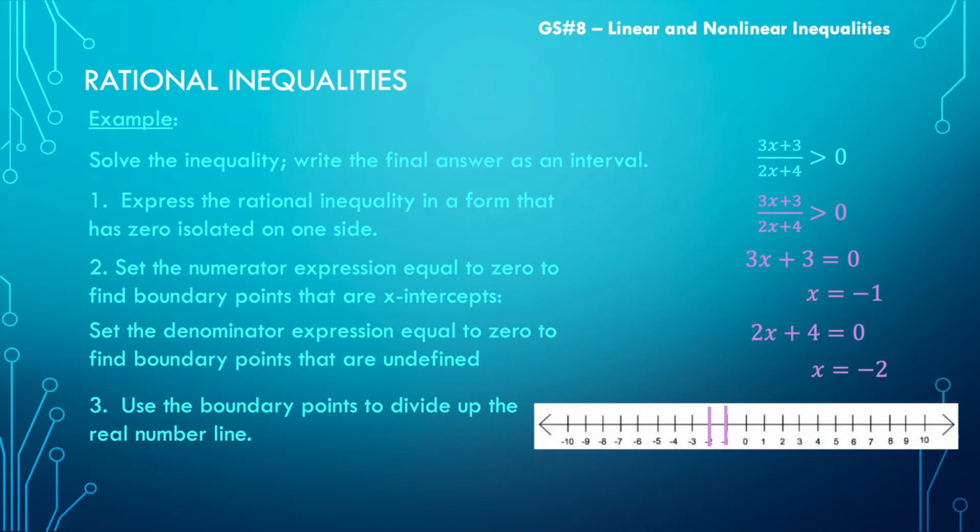It's not a greater than or equal to, so I don't have to worry about my denominator equaling 0 because the inequality does not have the equal portion in there. So let's go ahead and name our intervals. I have -infinity to -2 on the left. Right in between those, I've got -2 to -1. And then finally, on the right-hand side, I have -1 to infinity.